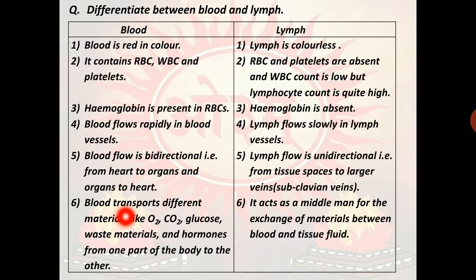Blood transports different materials like oxygen, carbon dioxide, glucose, waste materials, and hormones from one part of the body to another. Lymph acts as a middleman for the exchange of materials between blood and tissue fluid.